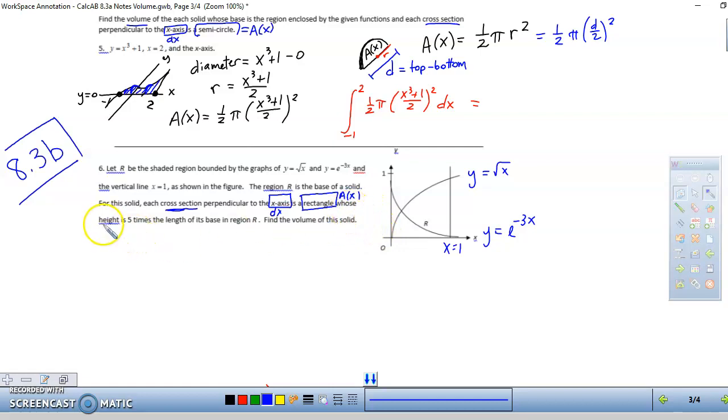Specifically for that rectangle, the height is 5 times the length of the base in the region. And now we're going to find the volume. So perpendicular to the x-axis means that my rectangles, or the boxes, are going to be lined up in that direction. And those lines represent the base.